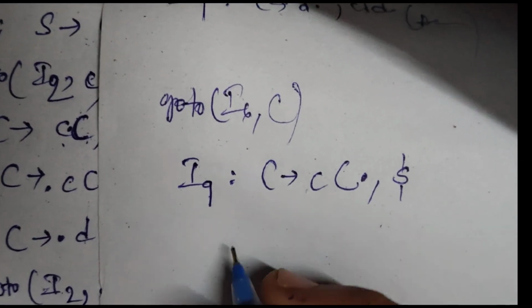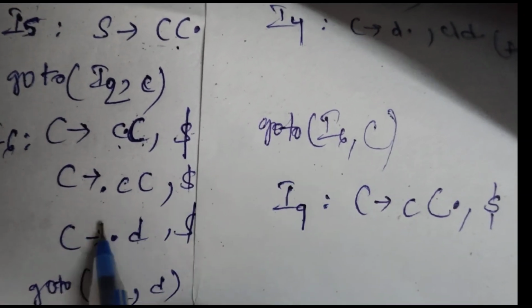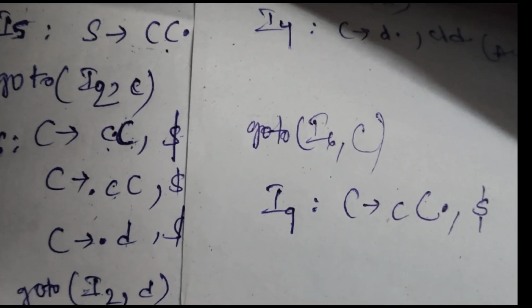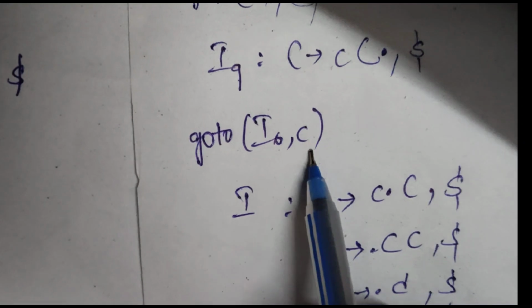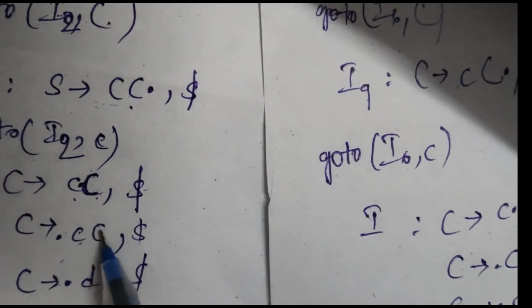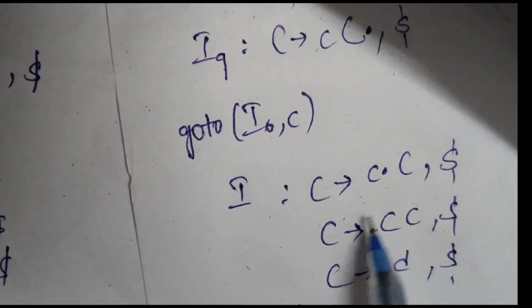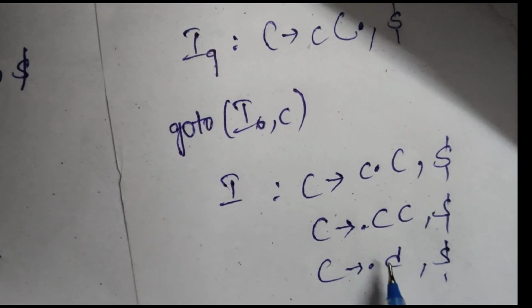In a similar way, we'll calculate for I6 comma small c and I6 comma small d. If we go to I6 comma small c, we just needed to shift this dot, right? As we shifted this dot here, we got a closure. Closure means we need to write all the predictions of C with the dot kept before it.